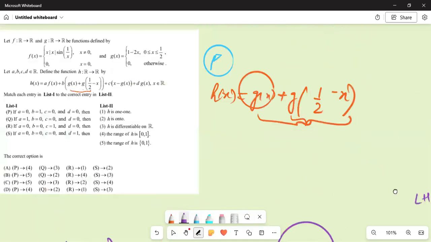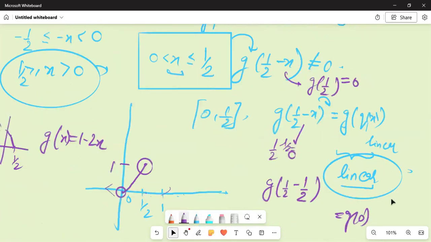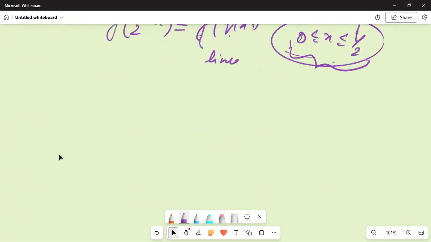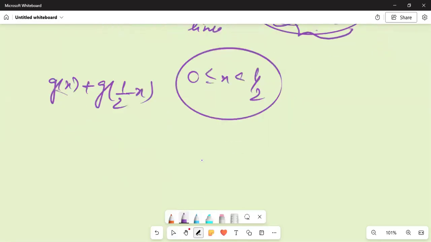Okay, now we have to see the sum of these two functions, g(x) and g(1/2 - x). We know that both are taking a non-zero value only between 0 and half. Everywhere else, both functions are 0, so there's no need to check anywhere else. This is 0 outside this interval, and this is 0 outside this interval, so we just need to check the values here.